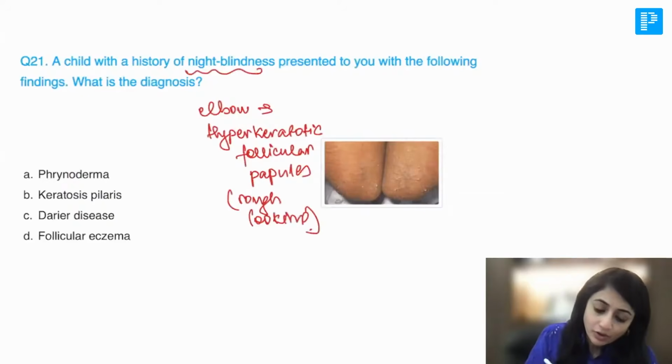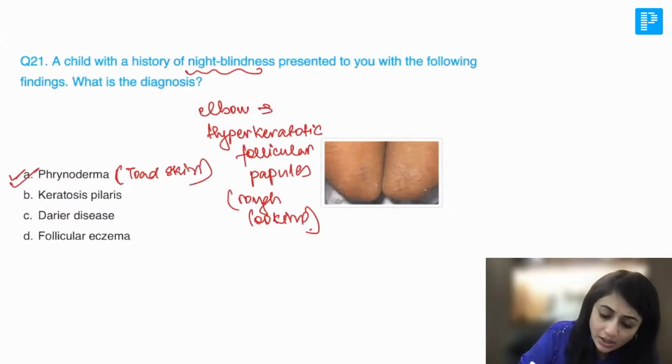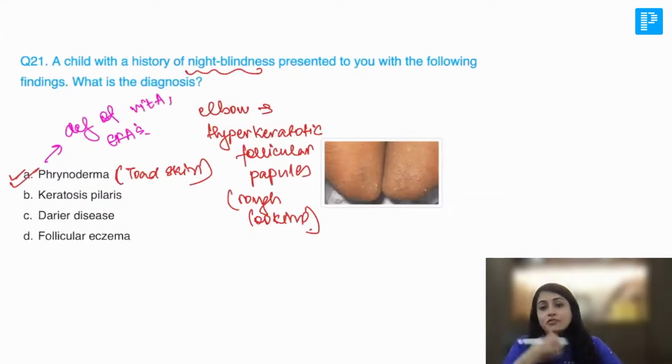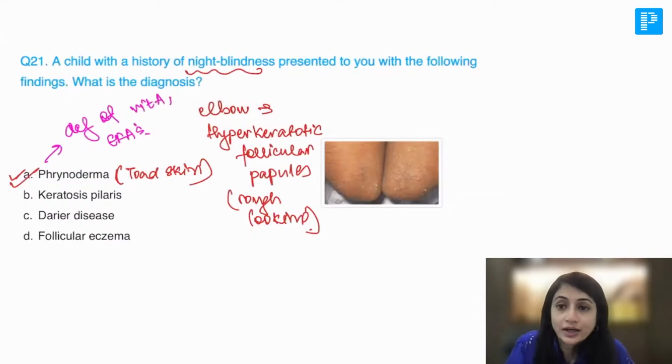This is phrynoderma, also called toad skin, and occurs because of deficiency of vitamin A and essential fatty acids. Deficiency of vitamin A and essential fatty acids leads to phrynoderma or toad skin, which presents like this, right?